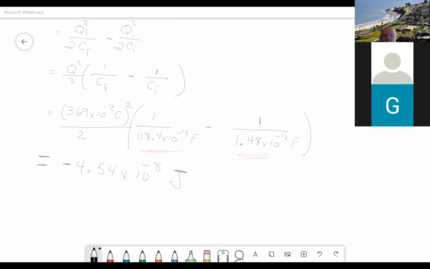Let me come over here. Oh, yeah. Okay, so we're talking about the same thing here. Negative 45.4. And since that gets bigger, that's got to get smaller. 10 to the minus 9 is a nano. So nanojoules. So, yay, we get the same crazy number.